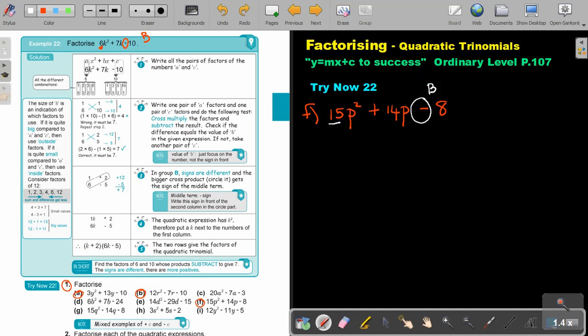And this is now again, luckily it's not so much. So it's 1 and 15, 3 and 5, 5 and 3, 15 and 1. This is 1 and 8, 2 and 4, 4 and 2, 8 and 1.